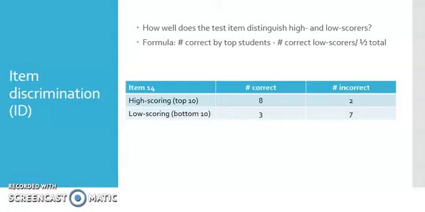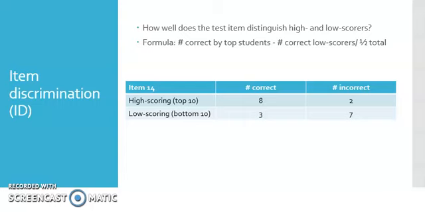And you just tally how many of the top students got that item correct and how many of the low scoring, the bottom 10 students got that item correct. You're going to subtract the number correct by the top students minus the number correct by the low scorers, and then you're going to take half of the total and divide it.